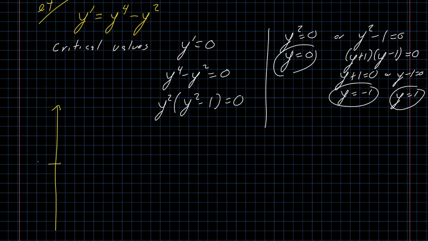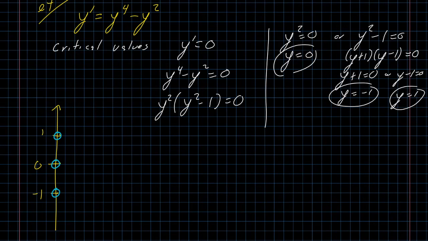Let's go ahead and label 0, 1, and negative 1. And yes, I'm making sure that I have plenty of space. And then I'm going to draw an open circle at each of those 3 points. We're going to decorate those circles, but for right now, I'm going to leave them as open circles.